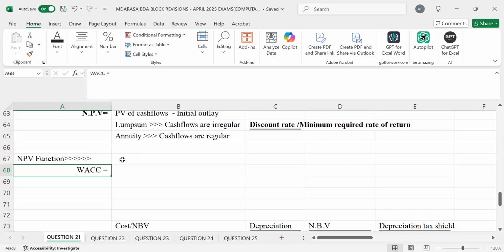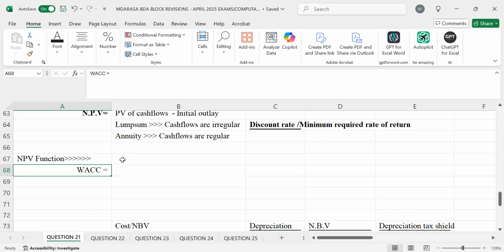At the end of the day, we need to look at what the average cost of raising all these funds is.